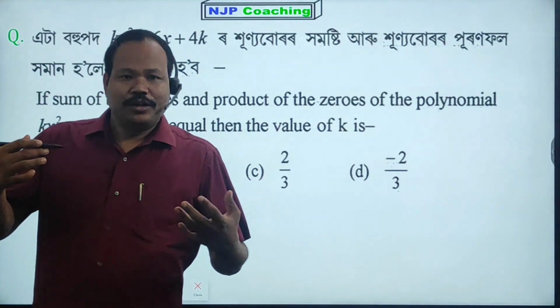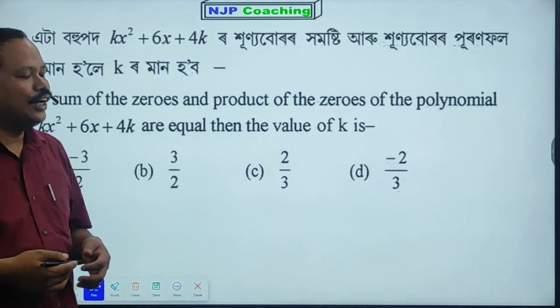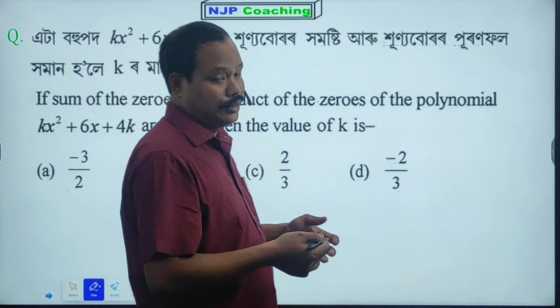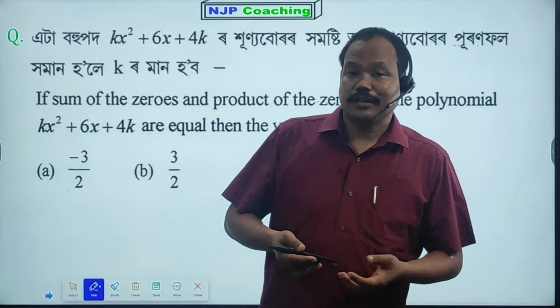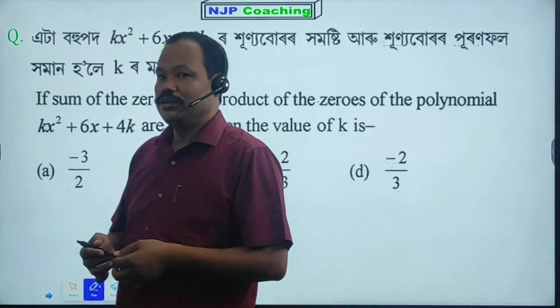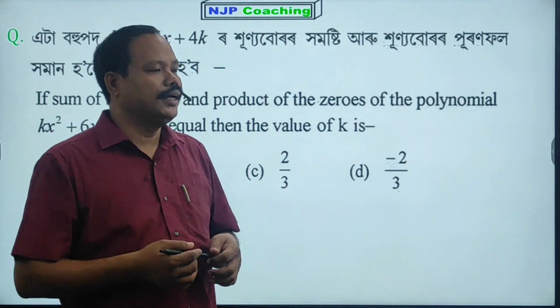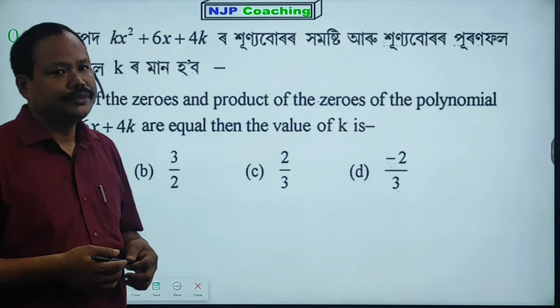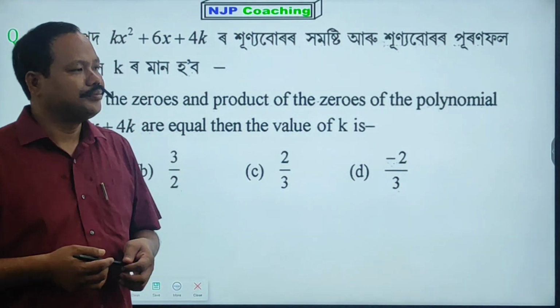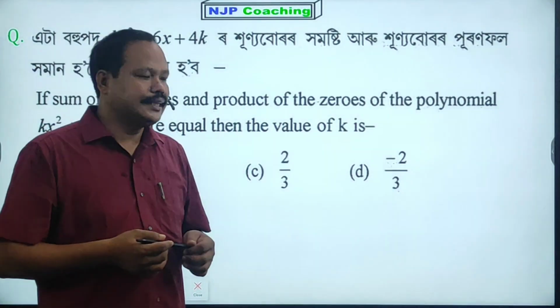The sum of the zeros and the product of the zeros are equal. And here the expression is given in terms of k also. K is an arbitrary constant. Kx square plus 6x plus 4k.